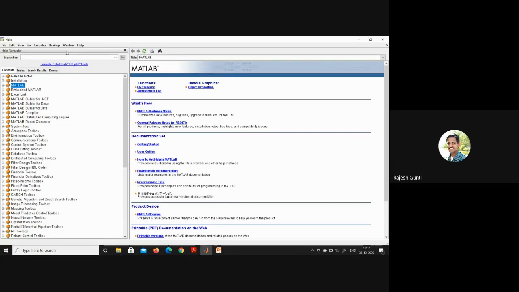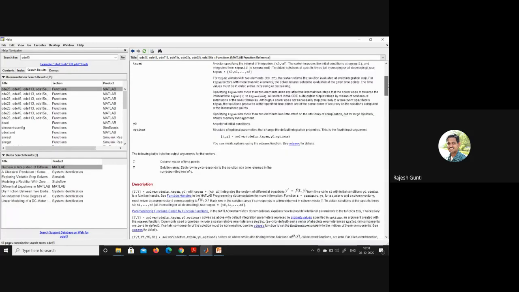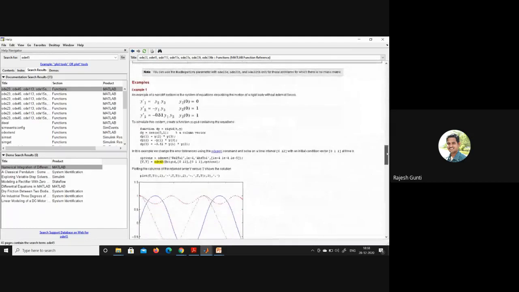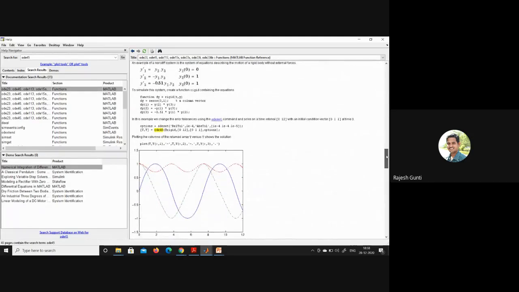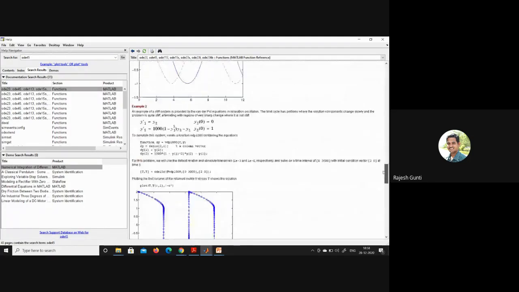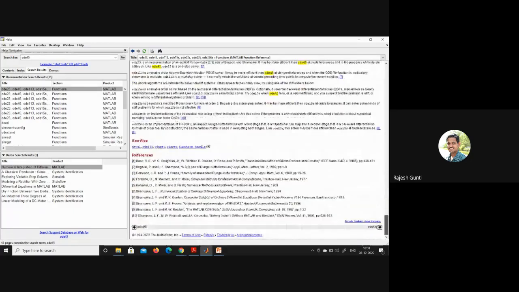ODE45, for example. You can get complete information about ODE45. Actually, some examples are also there, and they may solve in a different manner. Anyhow, we get the complete information about ODE45. Okay.